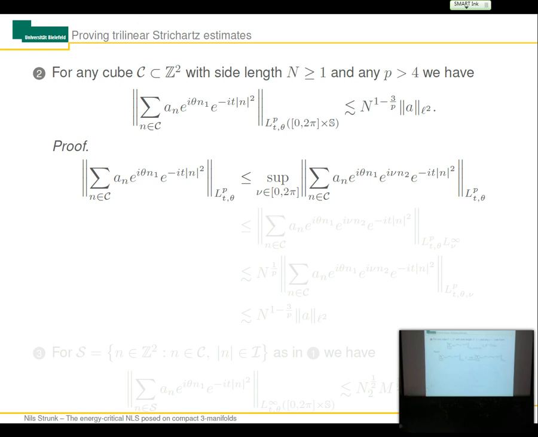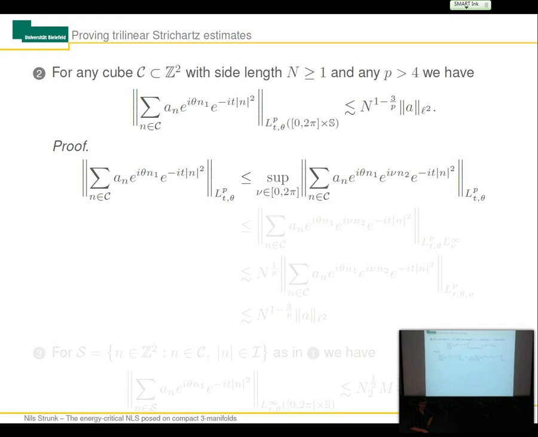So what can we do? We can introduce another variable. It's very easy. If we introduce the variable nu, and if we set nu equal to 0 on the right-hand side, then it's exactly what's written on the left-hand side. So if we take the supremum over nu in 0 to 2 pi, then it's clear that this is bigger.